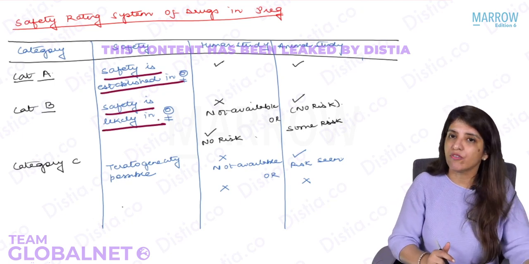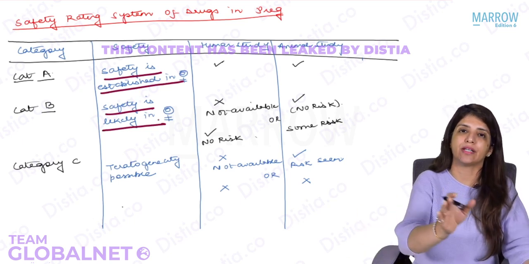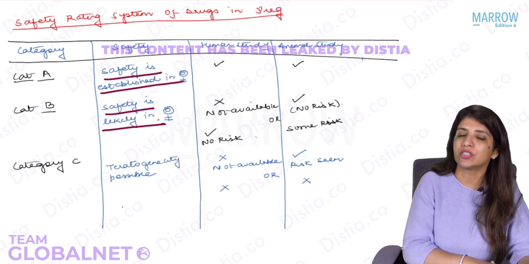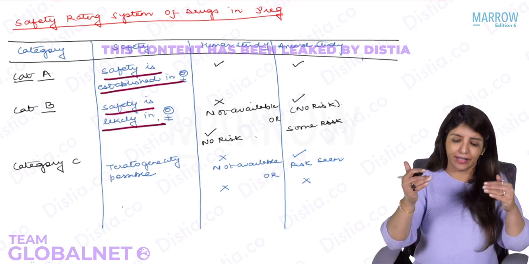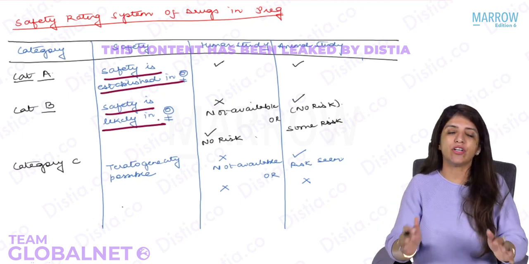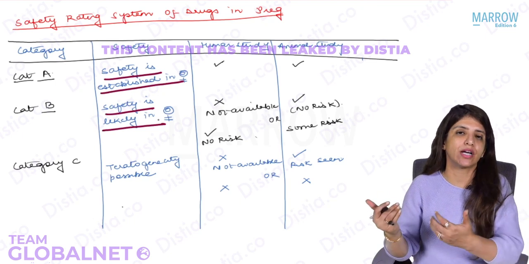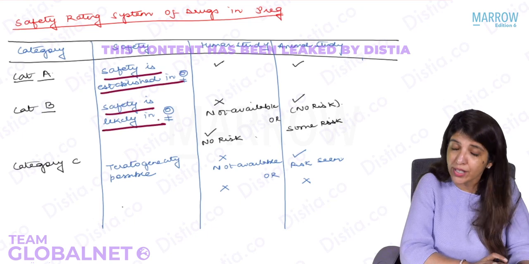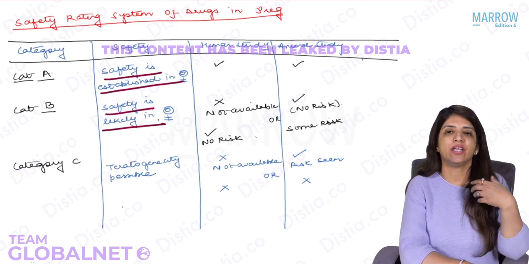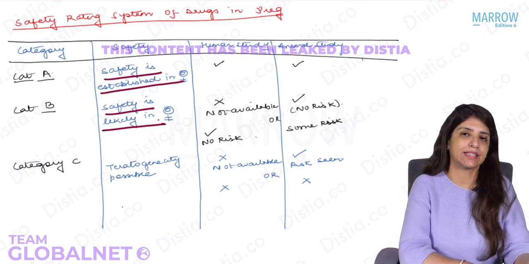So if we don't have human study and animal study is saying no risk is there, we put it in category B. If we don't have human study and animal study is saying that some risk is there, we put it in category C. Or we don't have any results at all. We don't have any human study, we don't have any animal study, then also we put it in category C. Right? So if you do not have any results for studies on humans and animals, you are going to put it in category C.